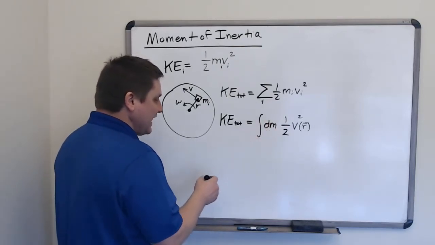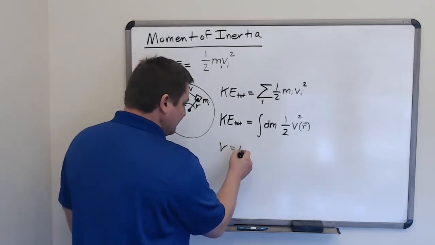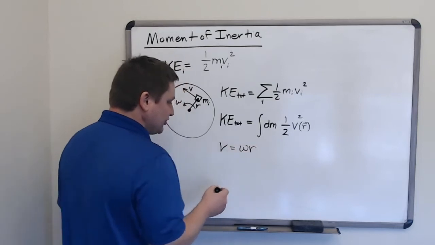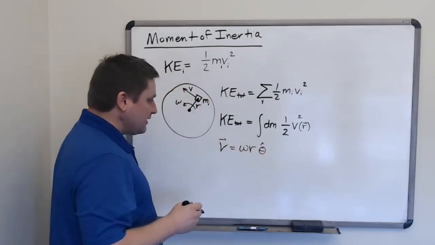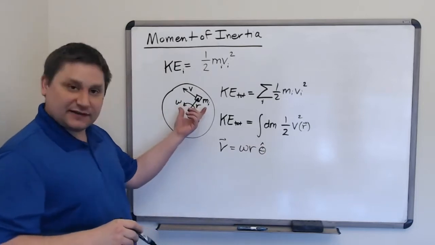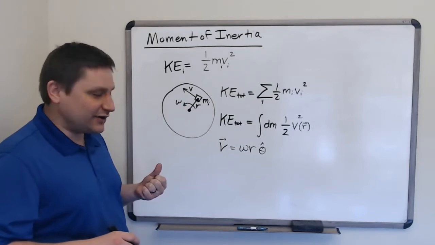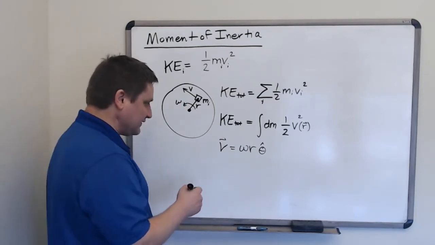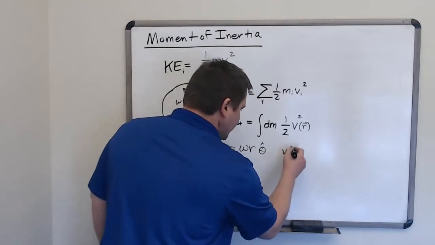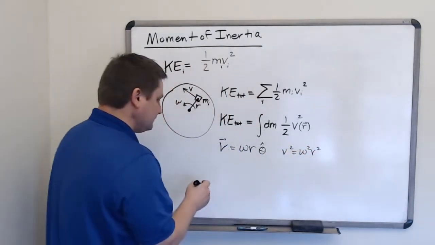But one thing that can help us is that in a rigid motion, the velocity of a given chunk of mass is dependent on its distance from the axis and its angular velocity of the rotation, and it points in the theta hat direction, tangential to the circle. So v squared is equal to omega squared r squared.